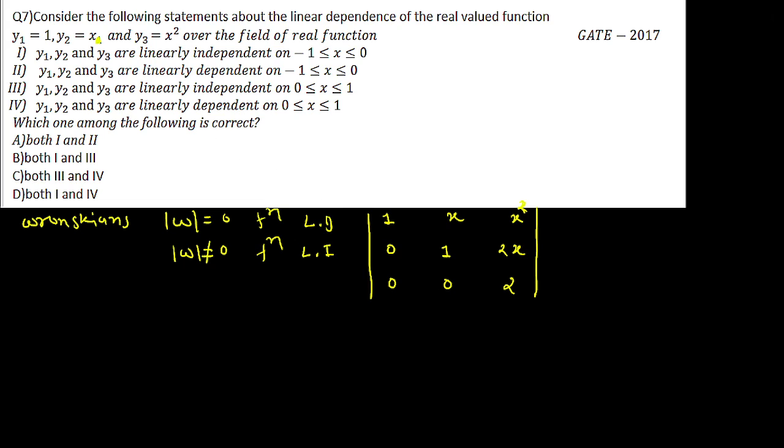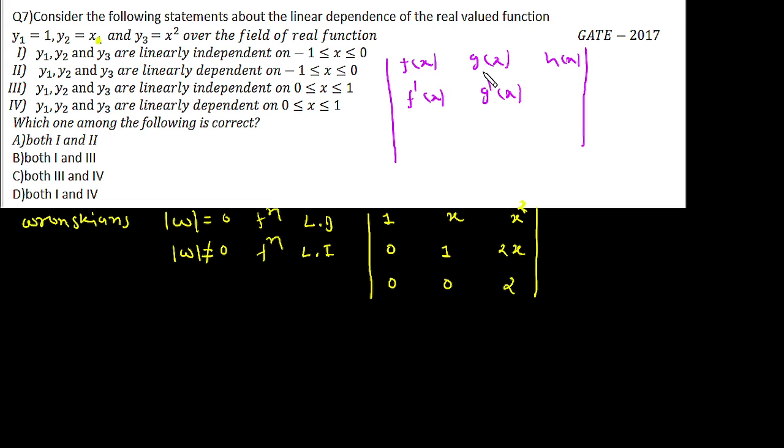Let's write in the general form. Let's suppose we have to find the Wronskian of any combination of functions. So let's call them f of x, g of x, and h of x. Here we have to differentiate the first function and write its differentiation here.